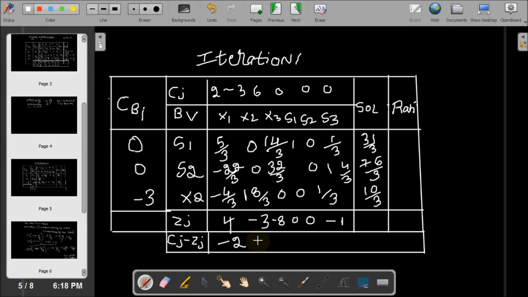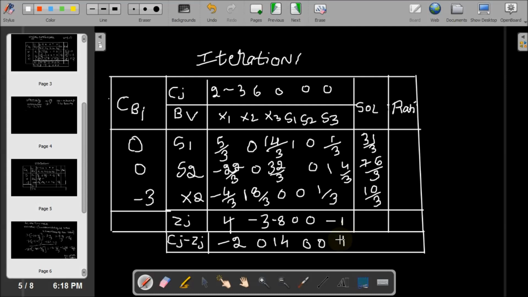Now 0, 14, 0, 0, 1. Getting, guys? Right?